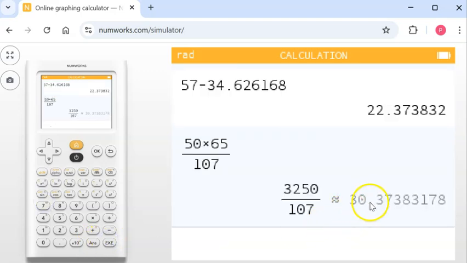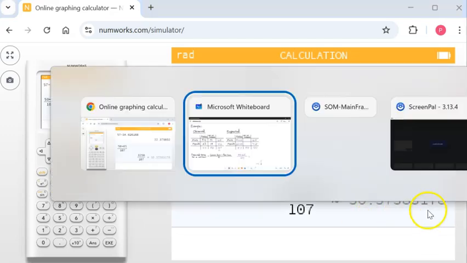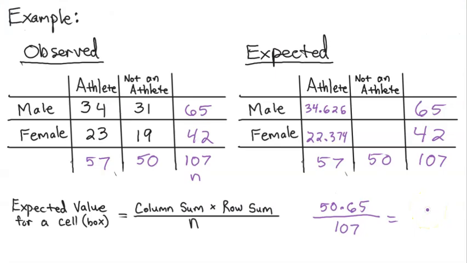And that's going to give us 30.374. This 8 is going to turn this 3 into a 4. So it's 30.374. And now to get this number here, we could just do 50 minus 30.374.